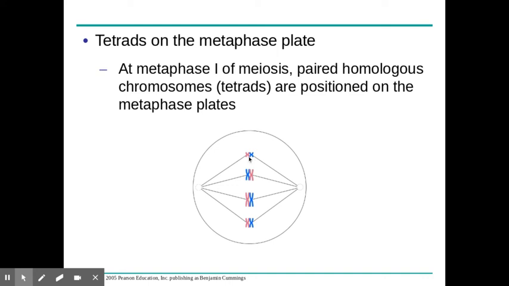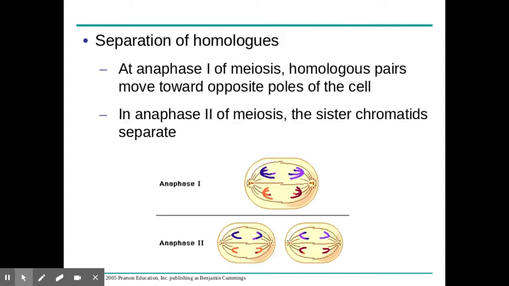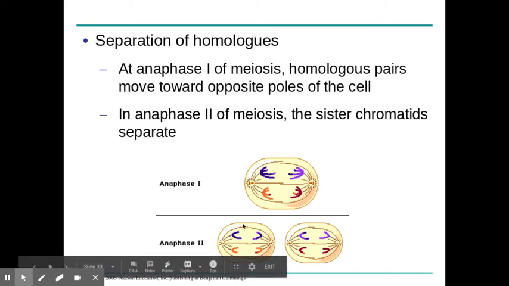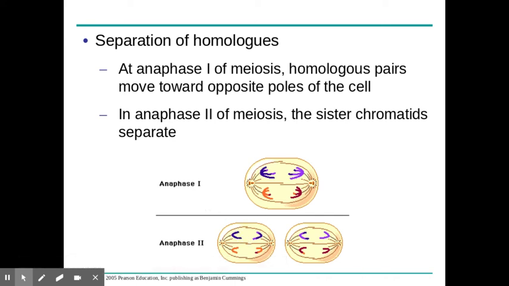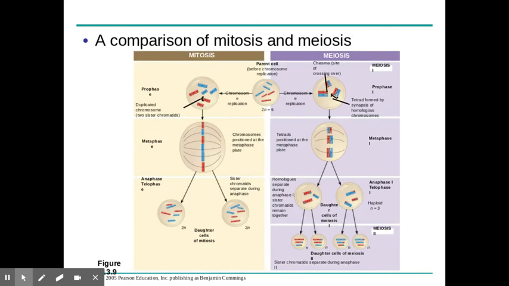And we'll go into more on that in a minute, but it is homologous chromosomes that are on this metaphase plate during metaphase 1. It's not just sister chromatids anymore. It's homologous chromosomes. And the separation of homologous chromosomes would happen in anaphase 1, where sister chromatids separate in anaphase 2. It's important to be aware of that, and it really creates some key distinguishings.